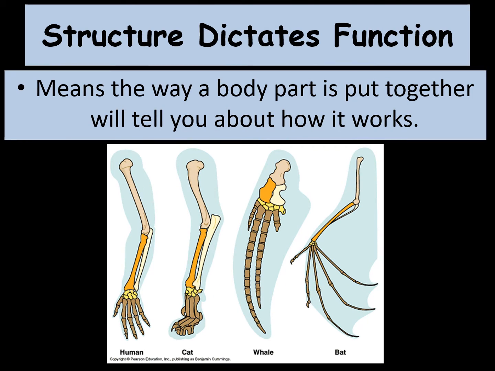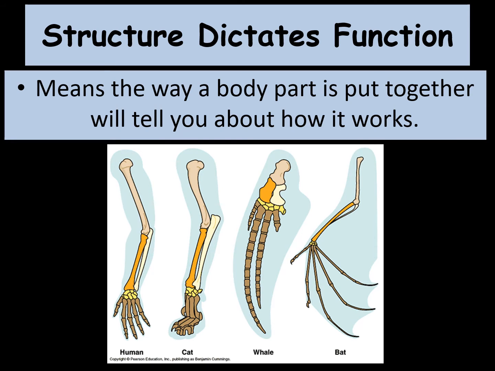A common phrase you're going to hear in an anatomy class is that the structure usually dictates the function. So what does that mean? Well, it means the body structure, whatever you're looking at, will usually tell you how it works.